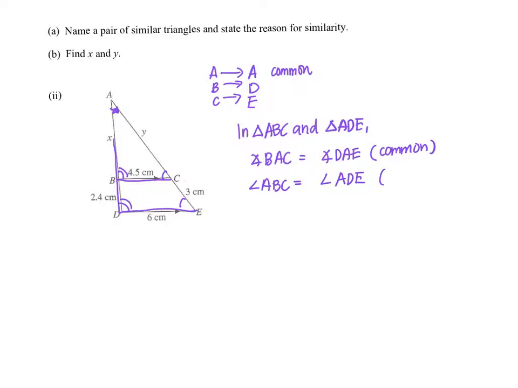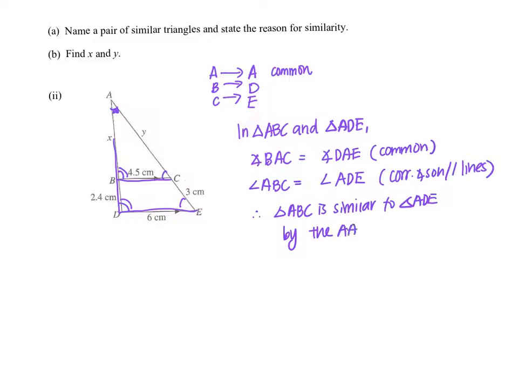Why is that so? The letter F, so this is called corresponding angles on parallel lines. Then what do we write? What's the magic statement? Therefore, triangle ABC is similar to triangle ADE by the AAA property.